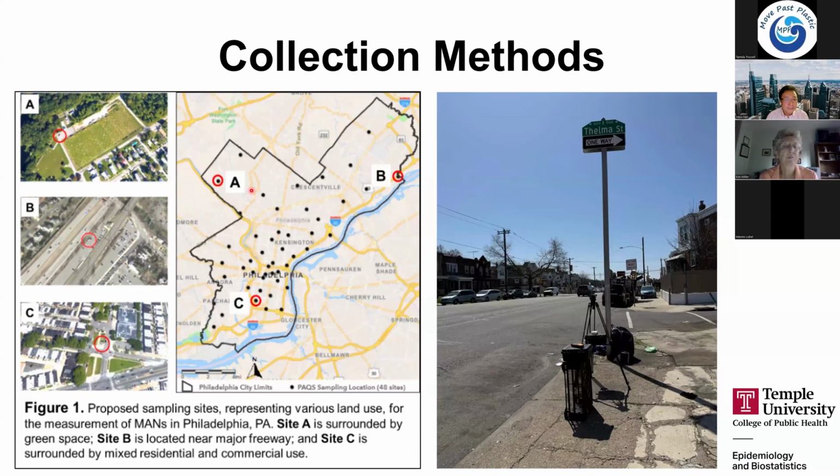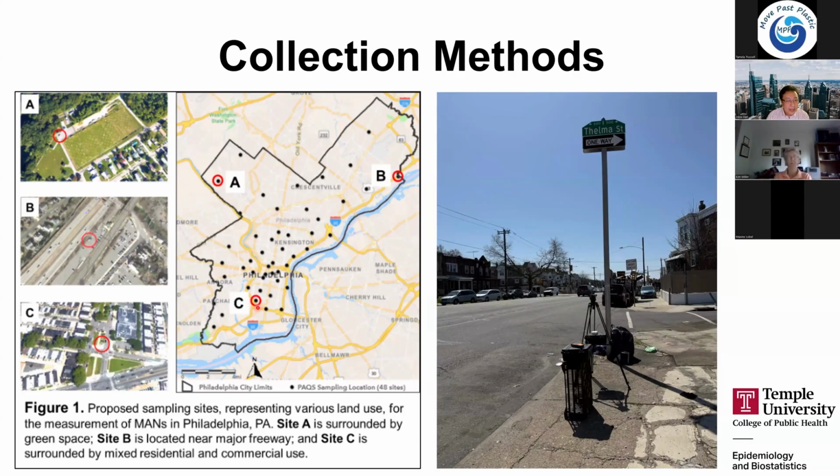On the other hand, location B, on the east side of Philadelphia, is very adjacent to freeway I-95, which is a very heavy traffic roadway with a lot of traffic every day. So we thought this location B would have high airborne microplastics because of road dust and vehicle emissions.